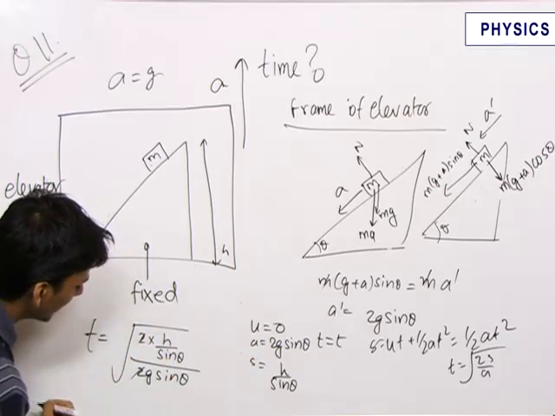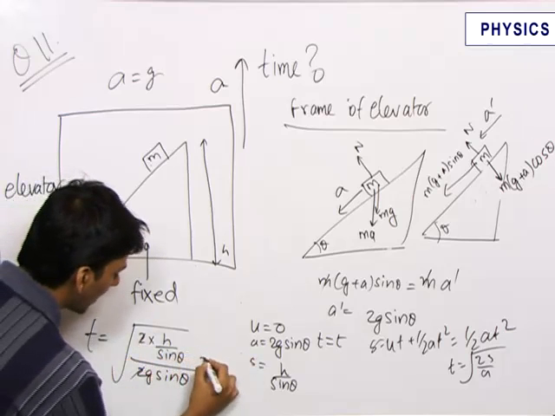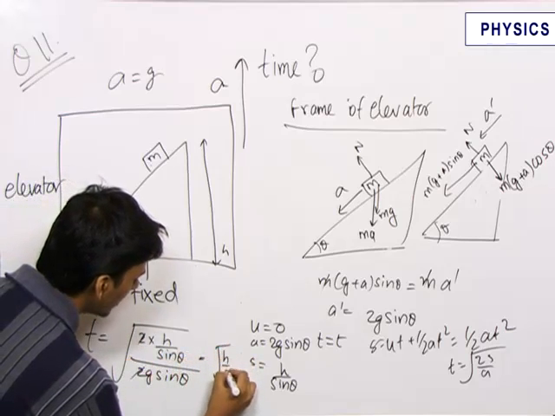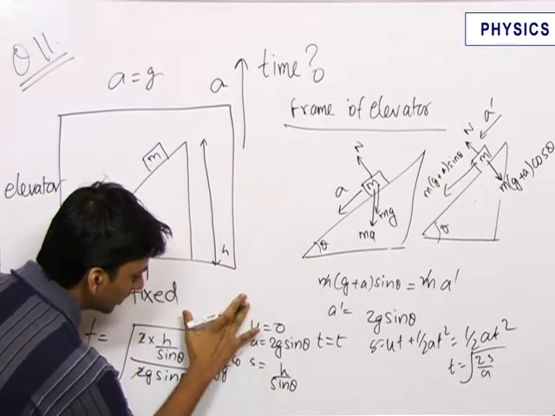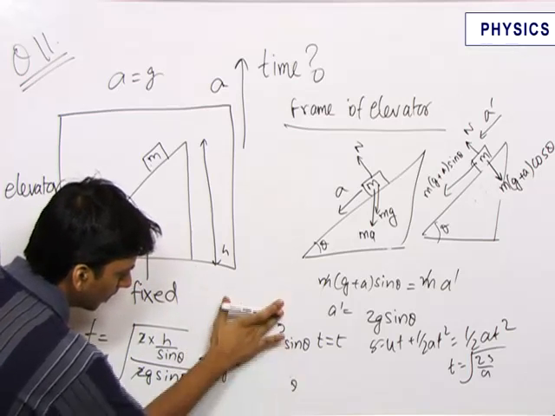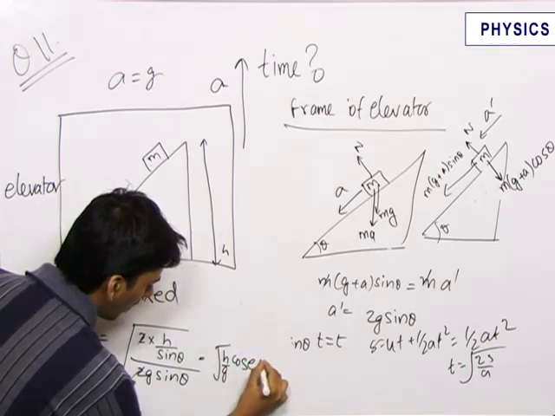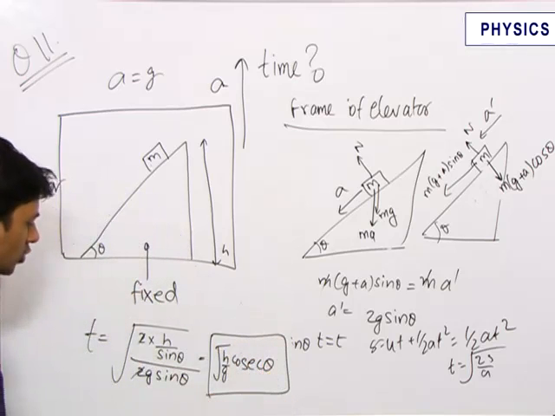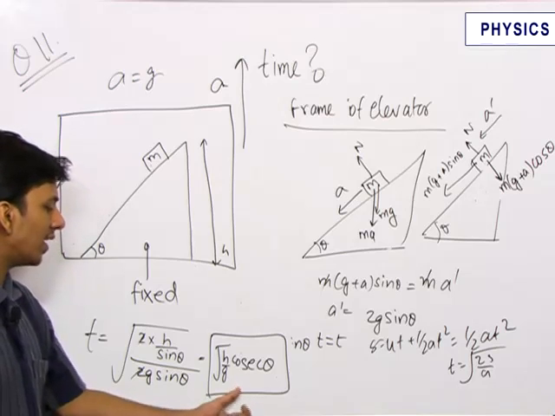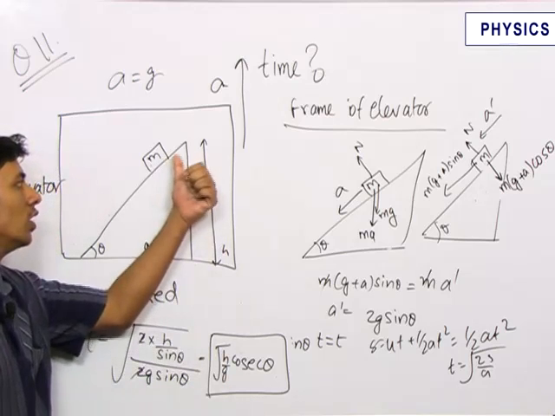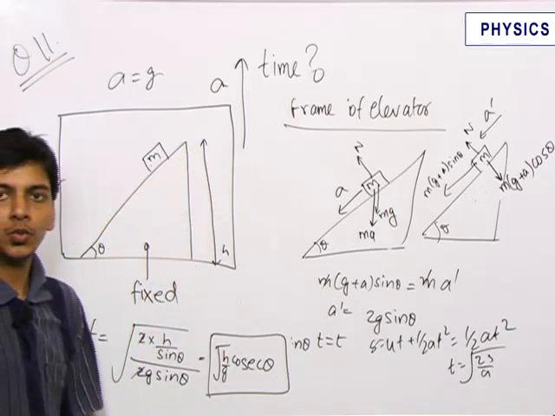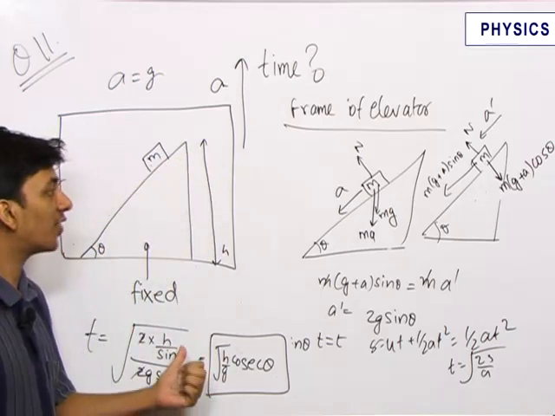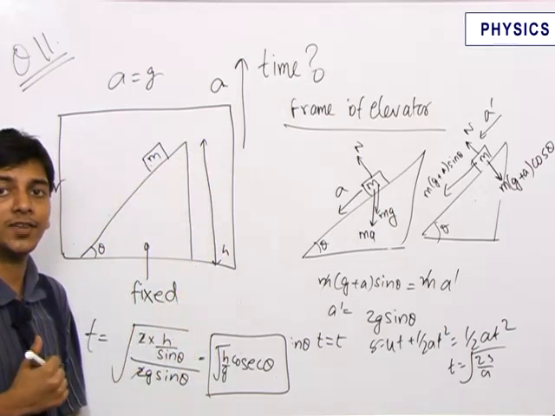Therefore 2 gets cancelled. Therefore the final answer for time becomes root over h upon g into cosec theta. So this stands as the final answer for the time taken by the block to reach the bottom of the wedge. This question would have become very difficult if you would have solved it in the frame of ground.